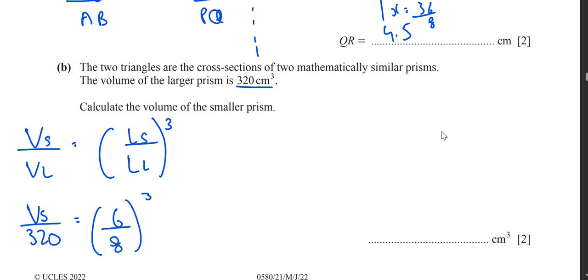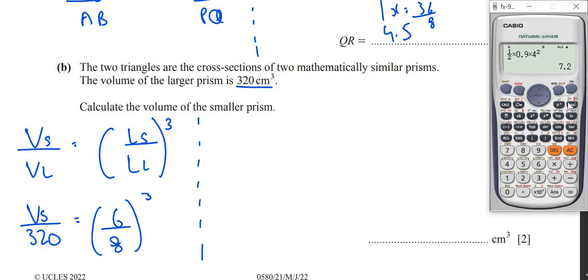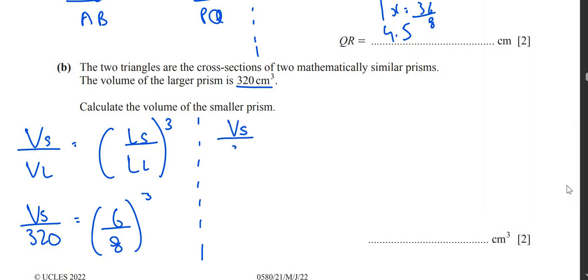Cube it. So 6 upon 8 whole cube is 27 upon 64. It means Vs upon 320 is equal to 27 upon 64.